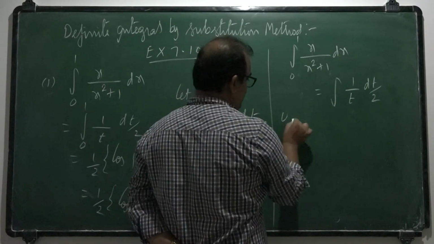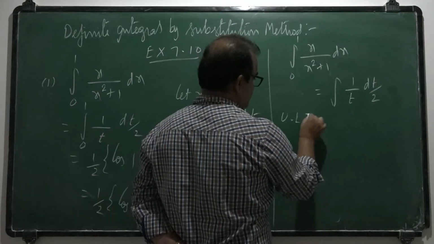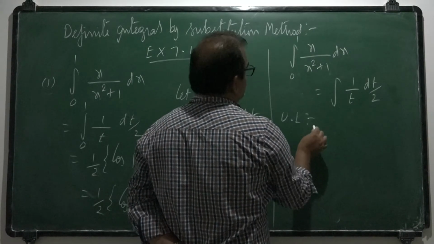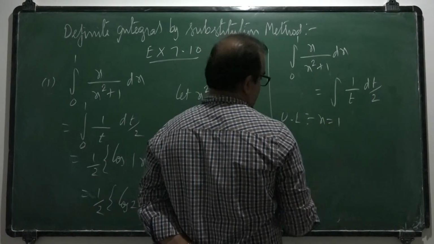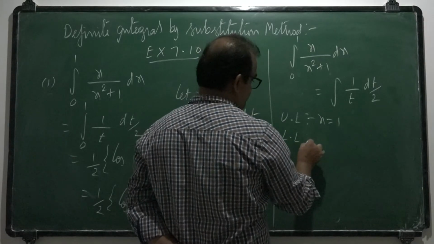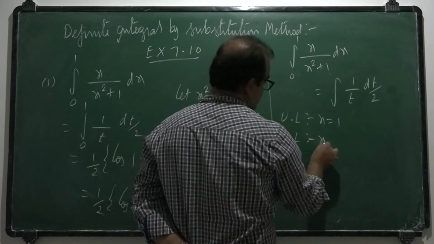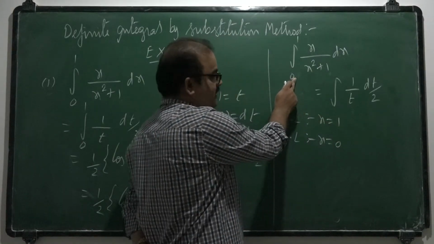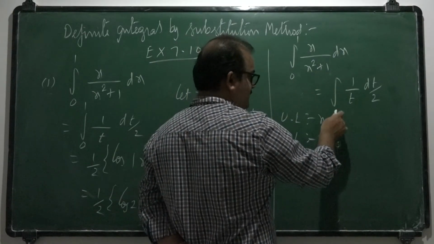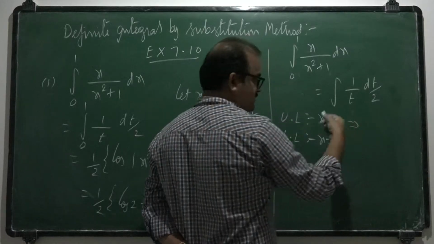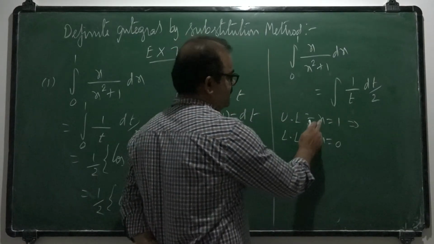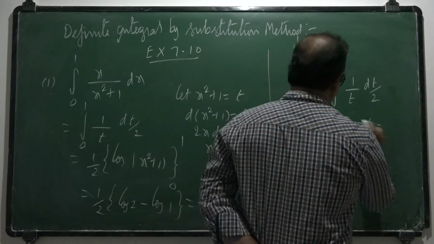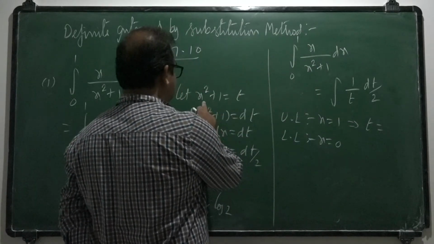What is upper limit? Upper limit x is equal to 1. What is lower limit? Lower limit is x is equal to 0. These are the limits to the variable x. Now write these limits in terms of t also. When x is equal to 1, what is t value?